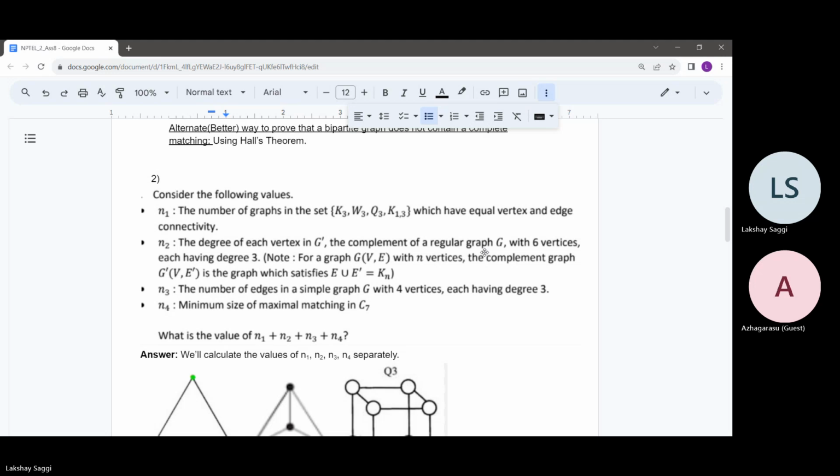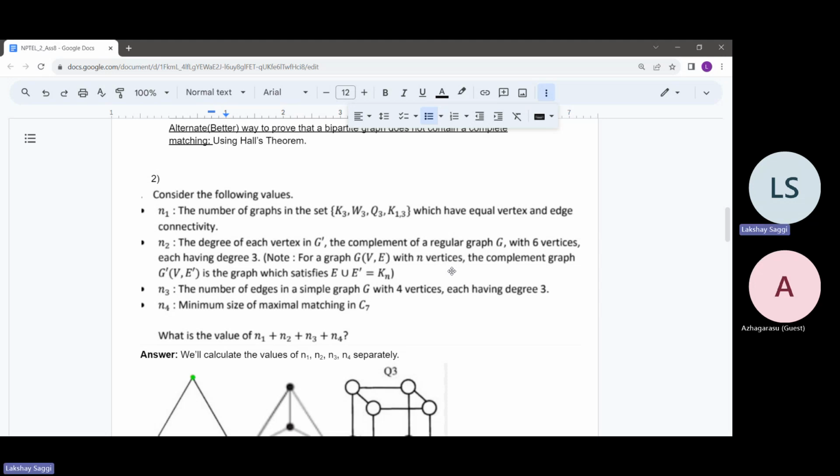So in this regular graph G, it's given that we have 6 vertices and all the vertices have a degree of 3. And note what's a complement of a graph? The complement of a graph is a graph in which all the edges which were present in the initial graph are not present and vice versa.